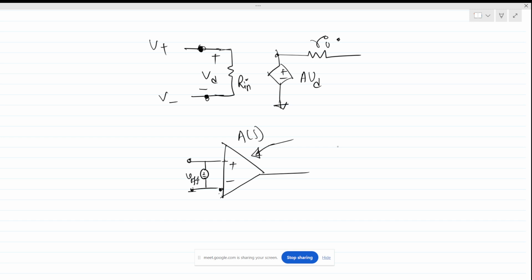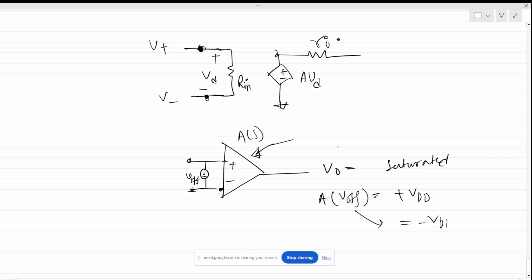So when we haven't applied any input, V out gets saturated. Because the op amp gain is very high, it will multiply this V offset, so it will go to the VDD supply, or it can go to minus VDD if the V offset is negative.